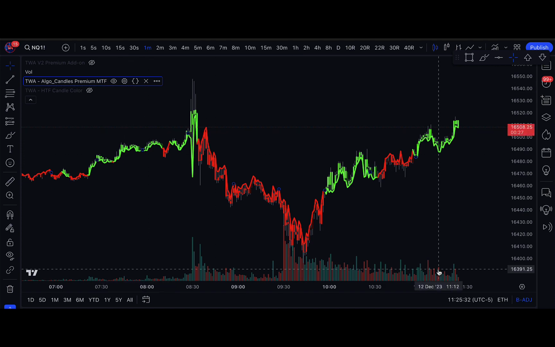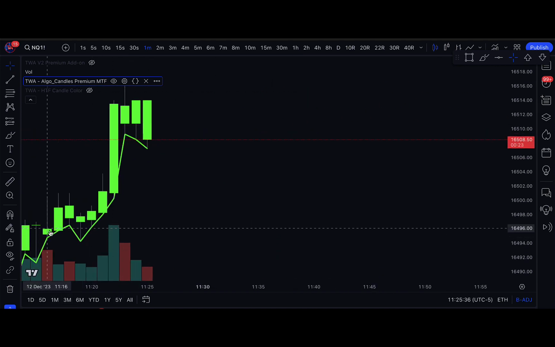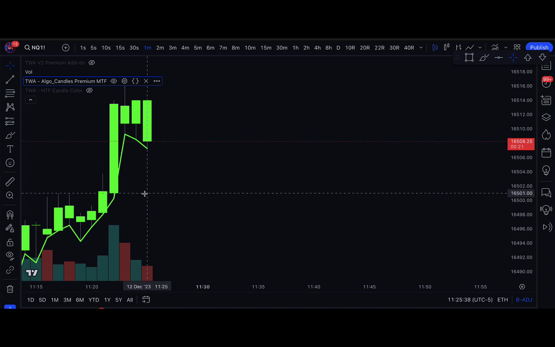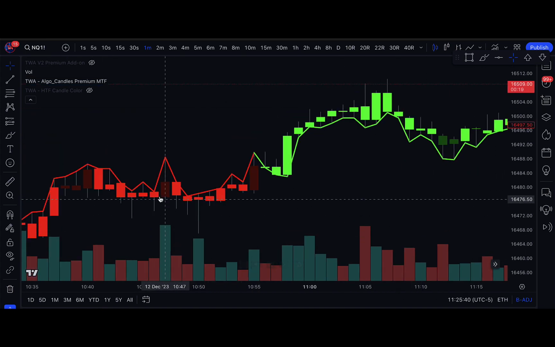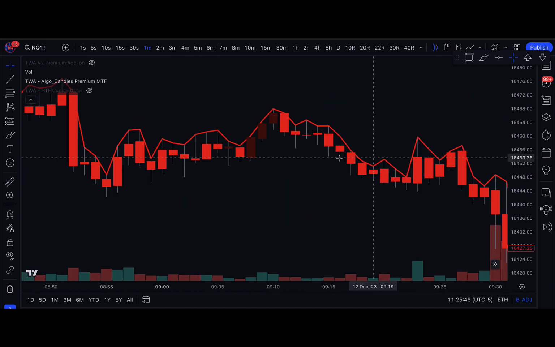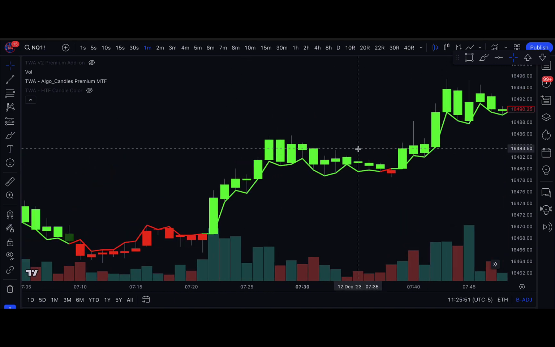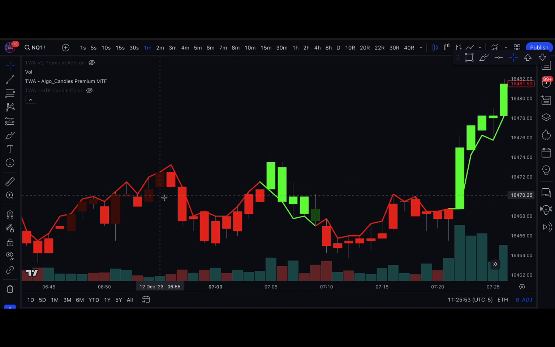And you'll notice, let me zoom in, when the line is green, it's only tracking the low of the candle. When the line is red, it's tracking the high of the candle. Okay? And this is 15 seconds, so I don't have an example. But if the line's gray, then it's going to track the close of the candle.